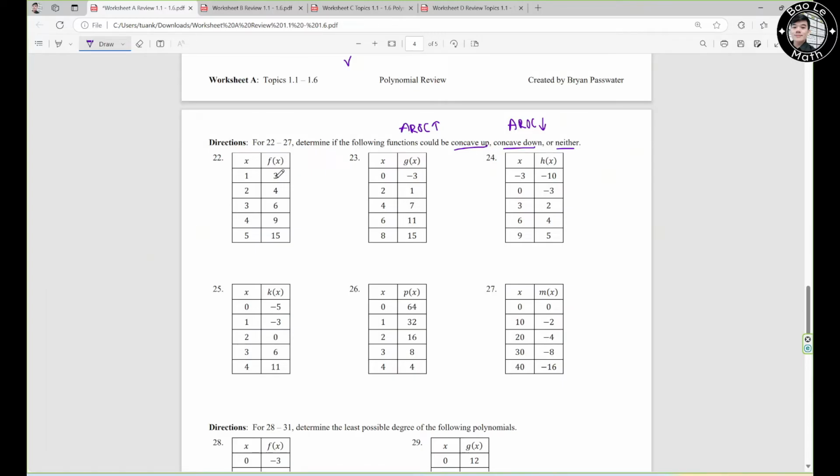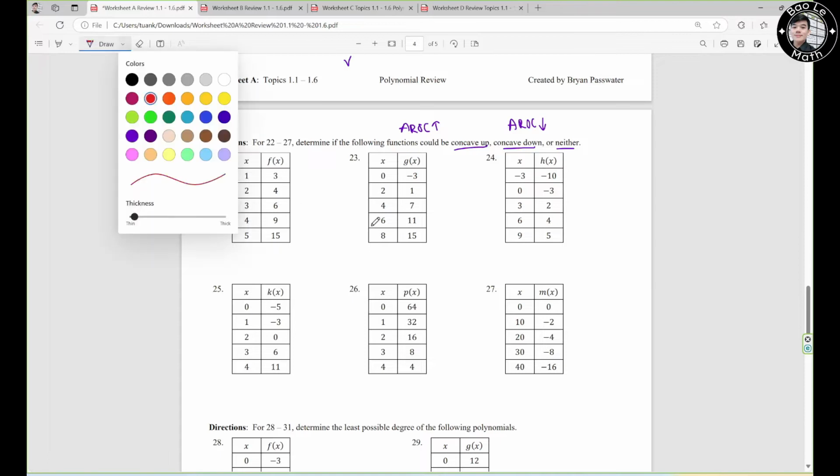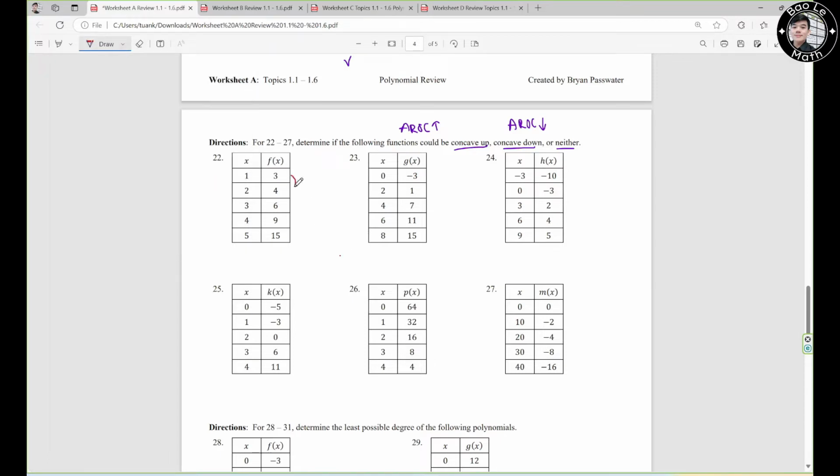Alright, so we look at this one, we see that now we need to find the change of this one. So in order to get 4 from 3, I'm going to add 1, right? This one I'm going to add 2, this one I'm going to add 3, and this one I'm going to add 6, right? So in order to find the average rate of change, I'm going to take 1 and divide by the equivalent input intervals right here.